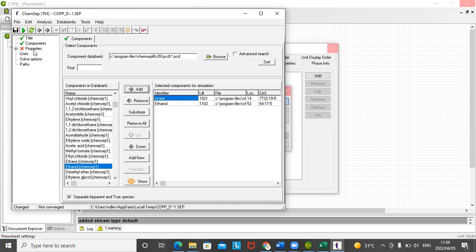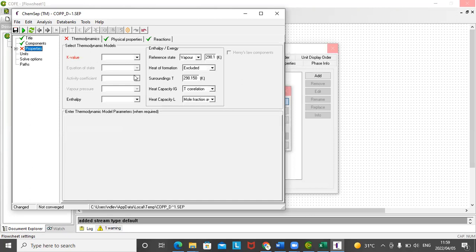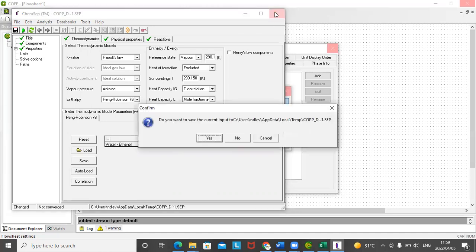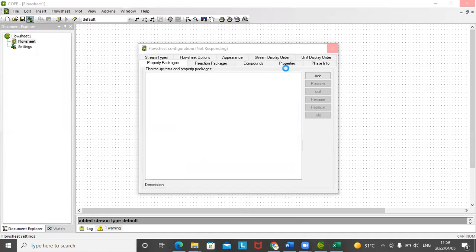From there, we go to properties. Then you just need to choose the right model. Here we can just use Antoine. Again, for a better understanding of this, we'll go through some of our simulation videos. They will explain where to get the thermodynamic models and the understanding of where they come from. Let's close that, and then we go back to our simulation.